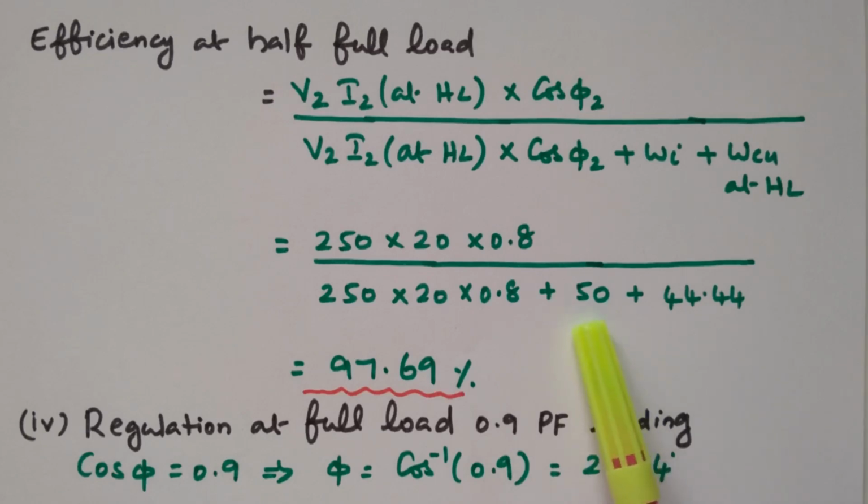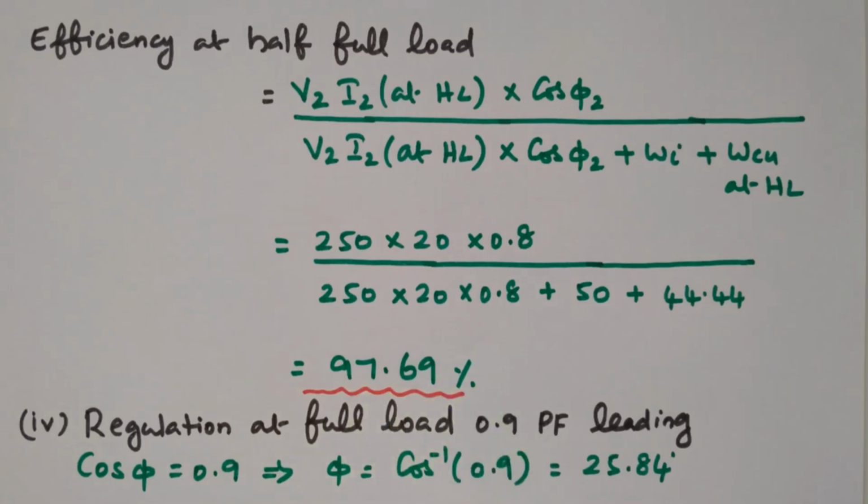Iron loss will not vary with the current, so take it as it is, plus half load copper loss, which we calculated as 44.44. By simplifying this, we got 97.69%. So the efficiency at half of the load at a power factor of 0.8 leading is 97.69%.